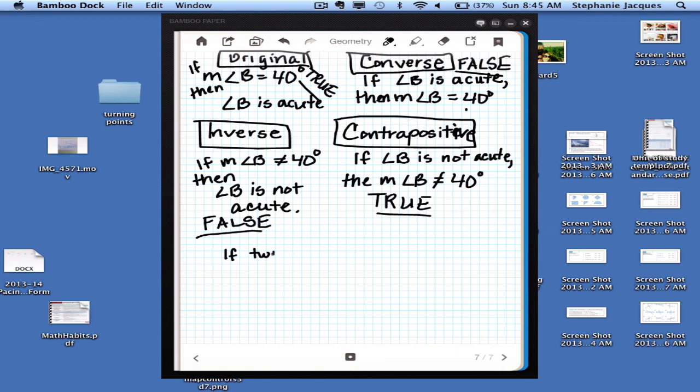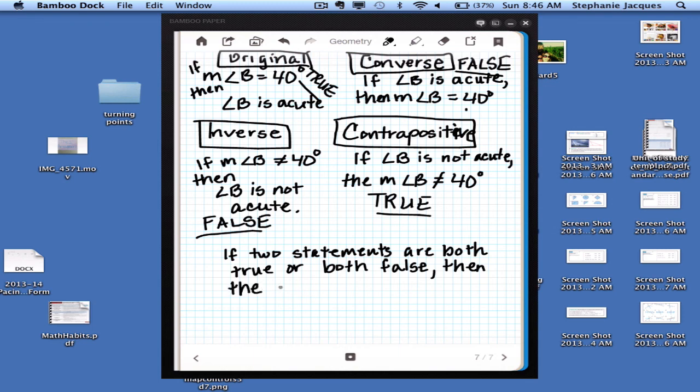If two statements are both true, which we saw in the original and the contrapositive, or both false, which we saw in the converse and the inverse, then they are called equivalent statements.